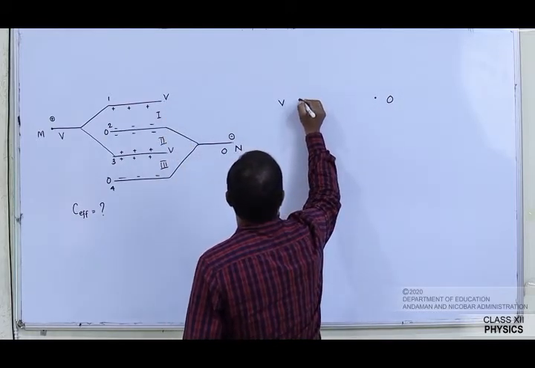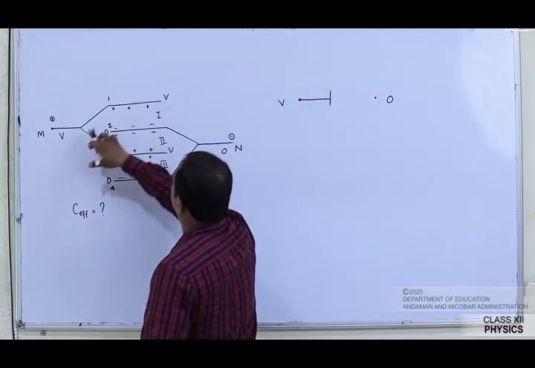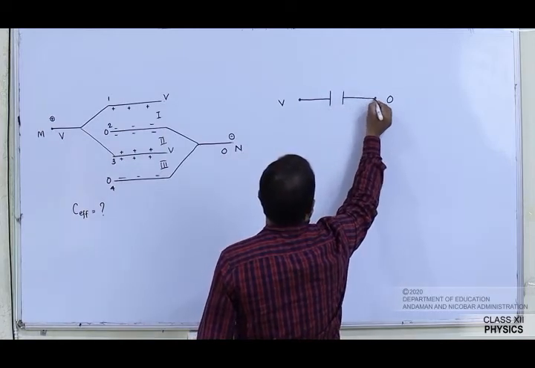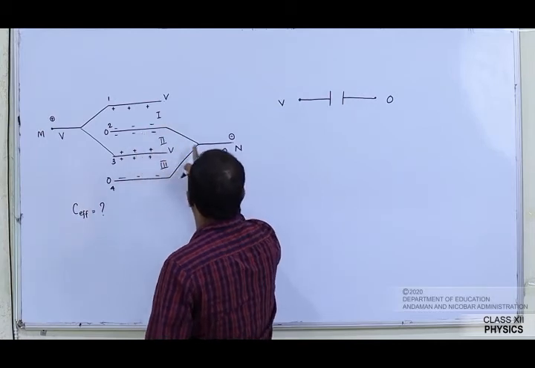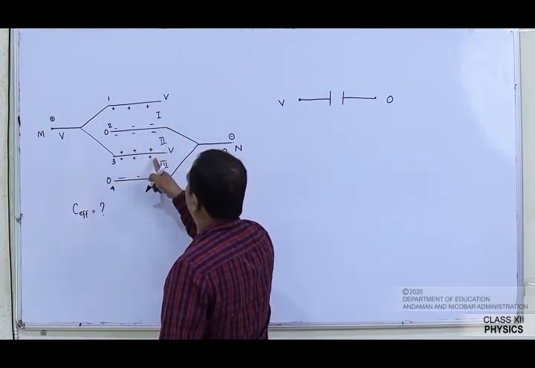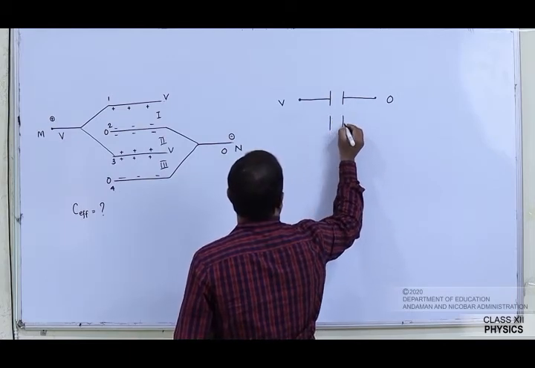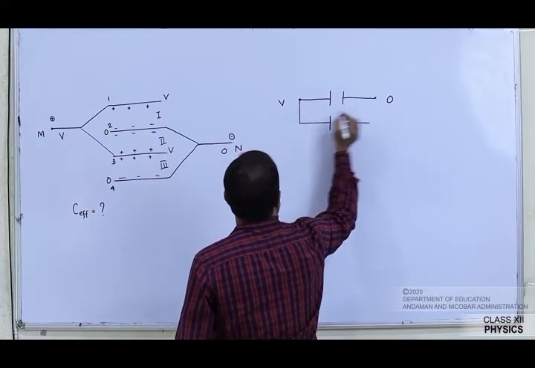if I see, one plate is connected to V, the second plate is connected to 0. Second capacitor, see one plate is connected to negative, the other one is connected to positive. So therefore one plate is connected to positive, other one is connected to negative. So this is the way how it is connected.